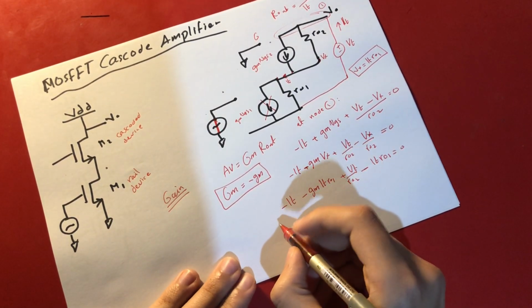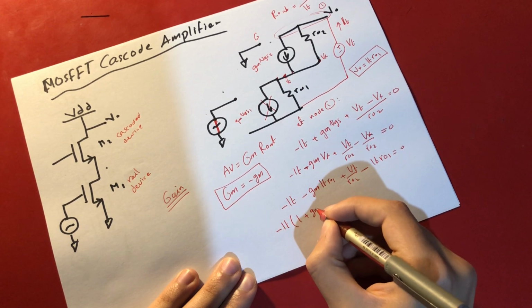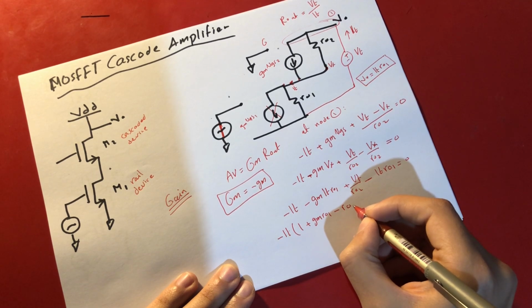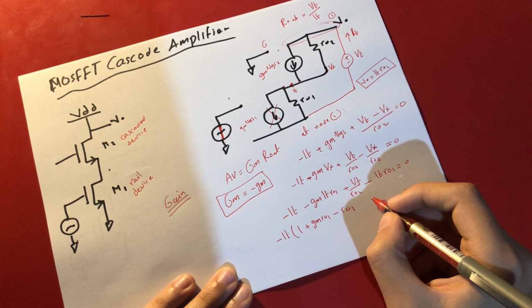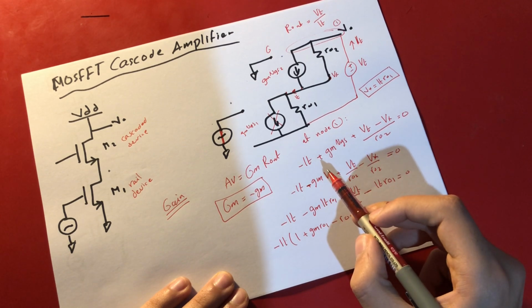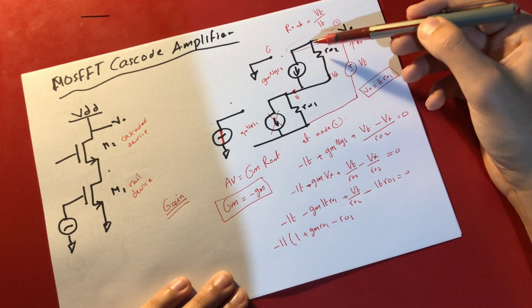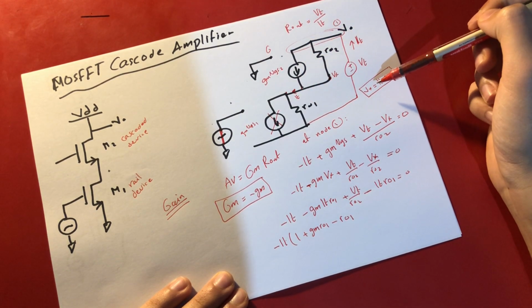Let's take IT as a common factor: minus IT times 1 plus GM RO1 plus RO1. Is it R1? Yes, R1. GM, VGS, Vx, right, minus RO.